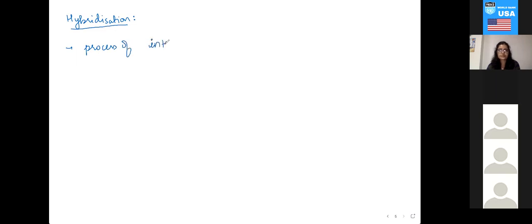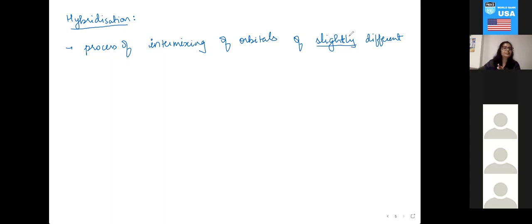intermixing of orbitals of slightly different energies. This word slightly is important. So it needs to be slightly different. Like a 1s orbital will not combine with a 3p orbital, but 3s and 3p can combine. 2s and 2p can combine. 2s and 3s will not combine. So it can't be extremely different. It needs to be just very slightly different.